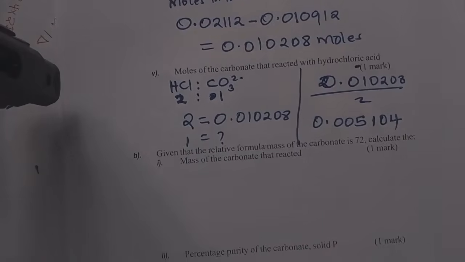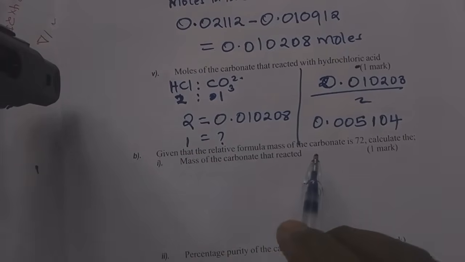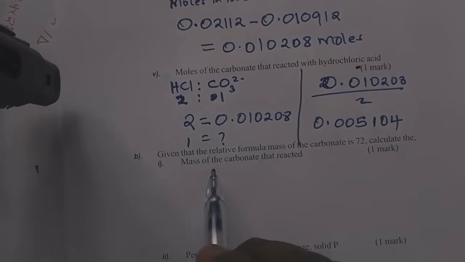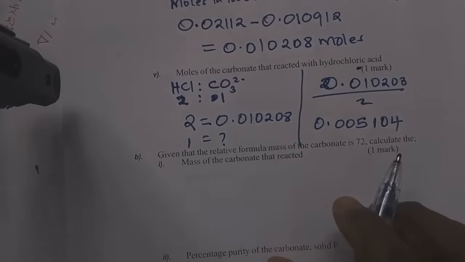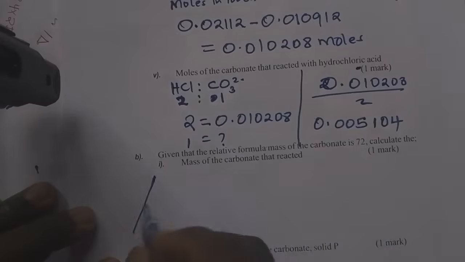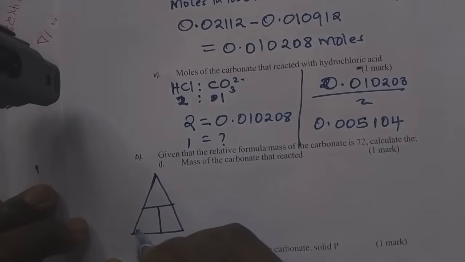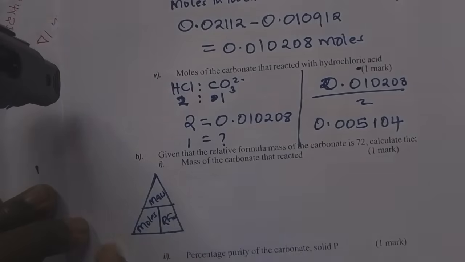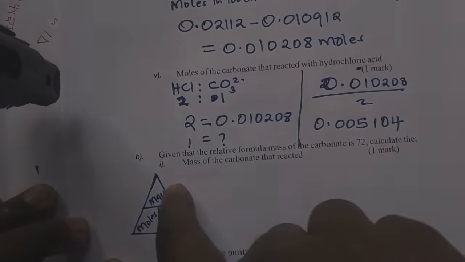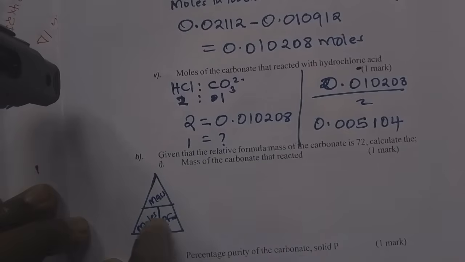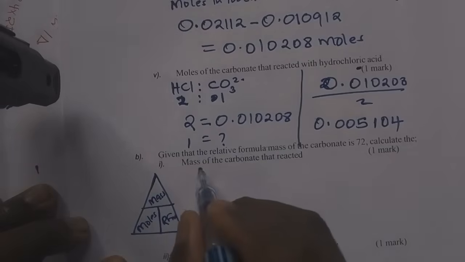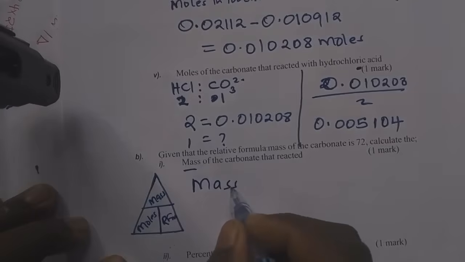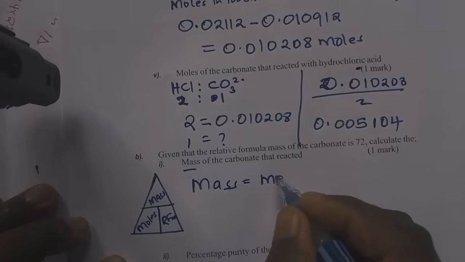Given that the relative formula mass of the carbonate is this, calculate the mass of the carbonate that reacted. From the first formula, when you are doing moles, you know that moles is equal to mass over RFM. If I want moles, it's mass over RFM. So what I want is mass, therefore mass is equal to moles times RFM.